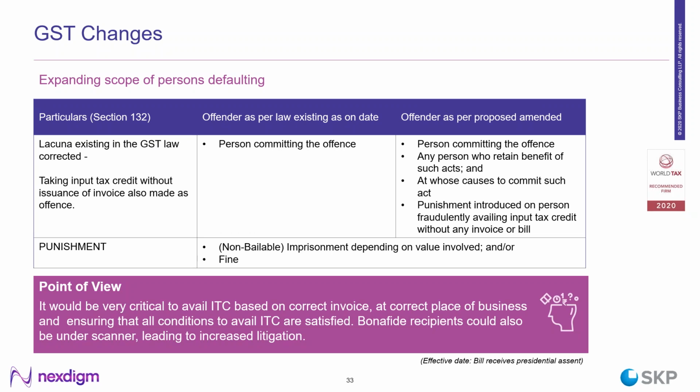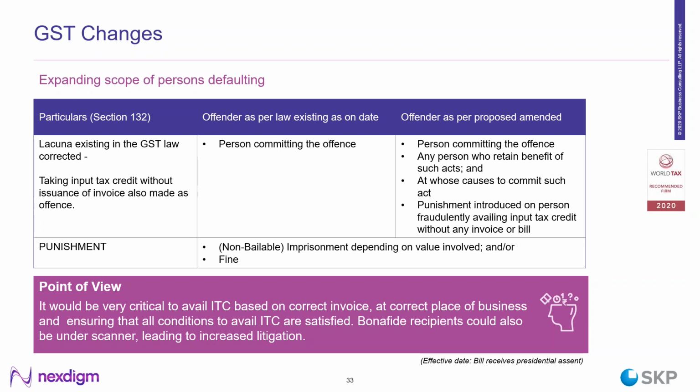Another expansion in the scope of a penalty on the person who is defaulting is under section 132, which also prescribes criminal prosecution. Earlier, the penalty was only restricted to taking input tax credit on an incorrect invoice. However, there was no penalty prescribed for taking input tax credit without issuance of any invoice.